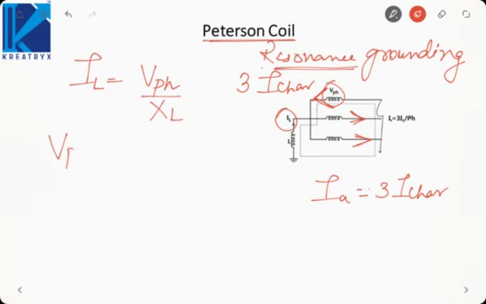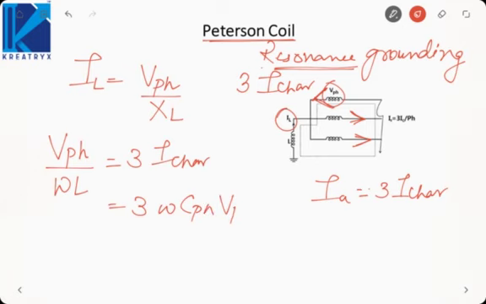It should be equal to 3 times I charging, which is equal to 3 omega C V phase. 3 times I charging we derived earlier only. It should be equal to V phase by omega L. So here L will be equal to 1 by 3 omega square C.